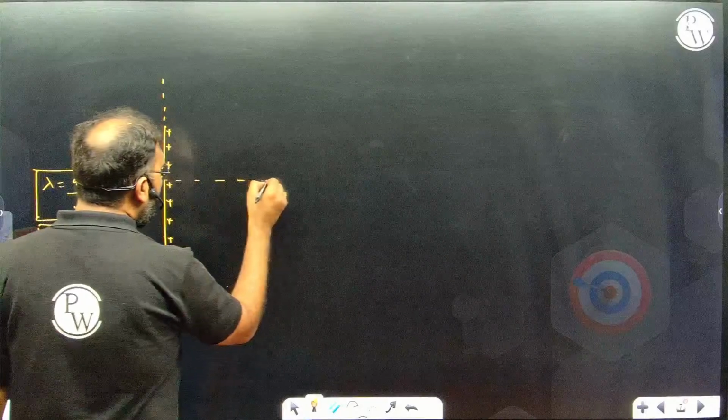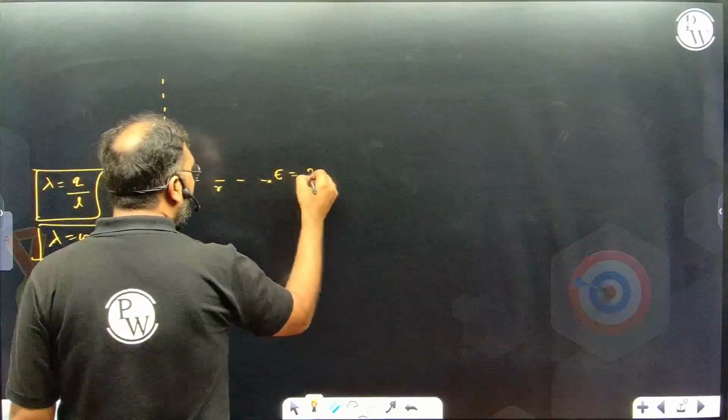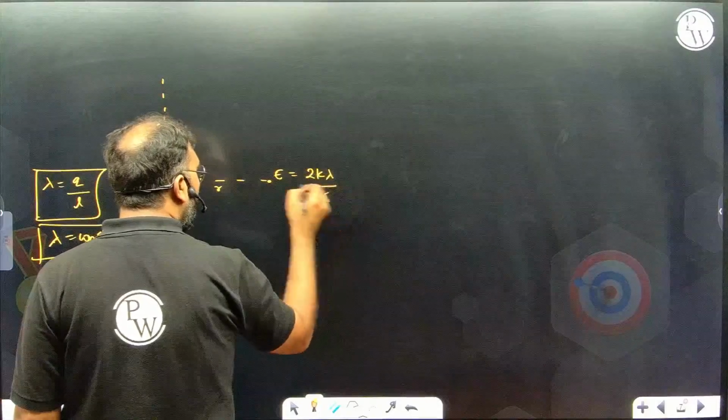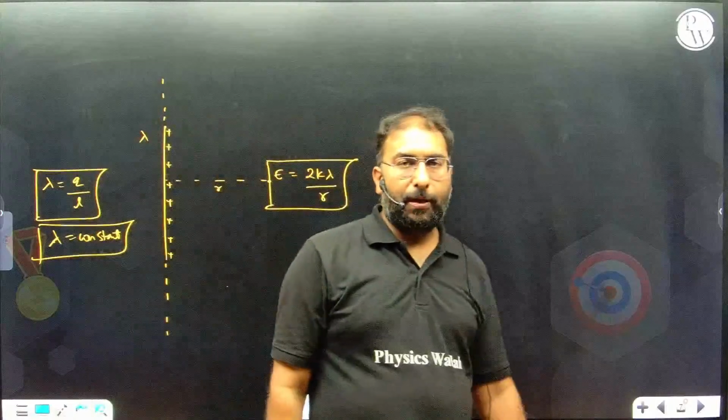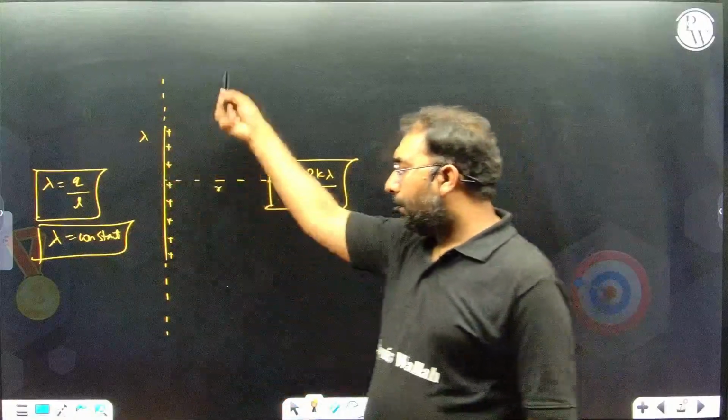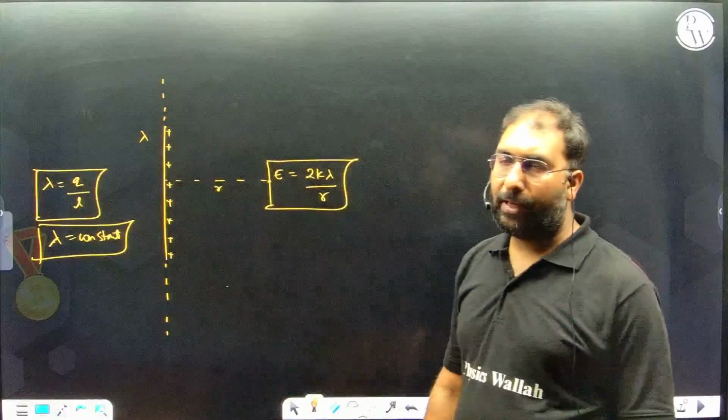At a distance r from here, if I have to write down the electric field at this point, that will come out to 2k lambda by r. This is the formula for the electric field produced by this linearly charged infinite length wire, okay?